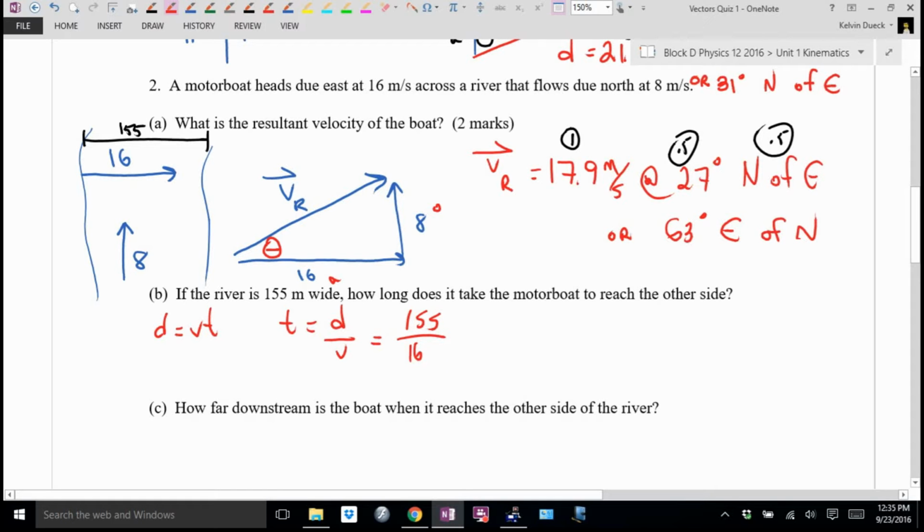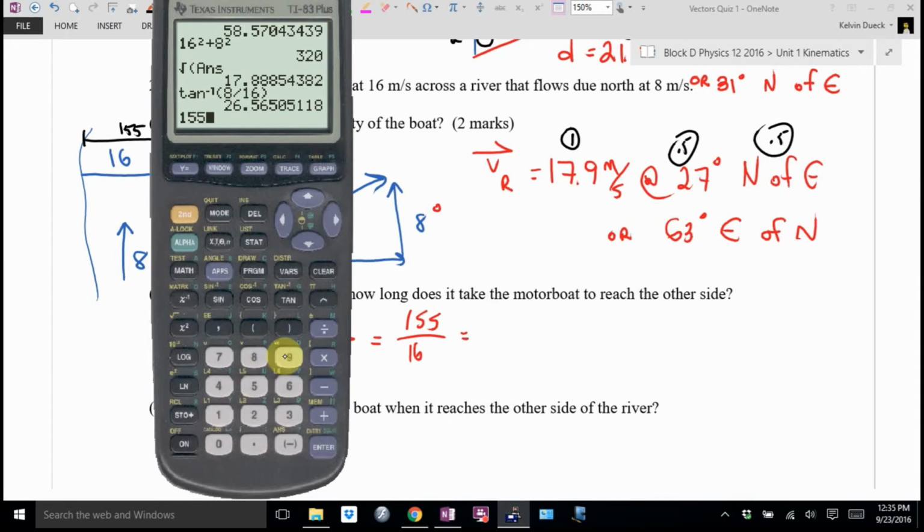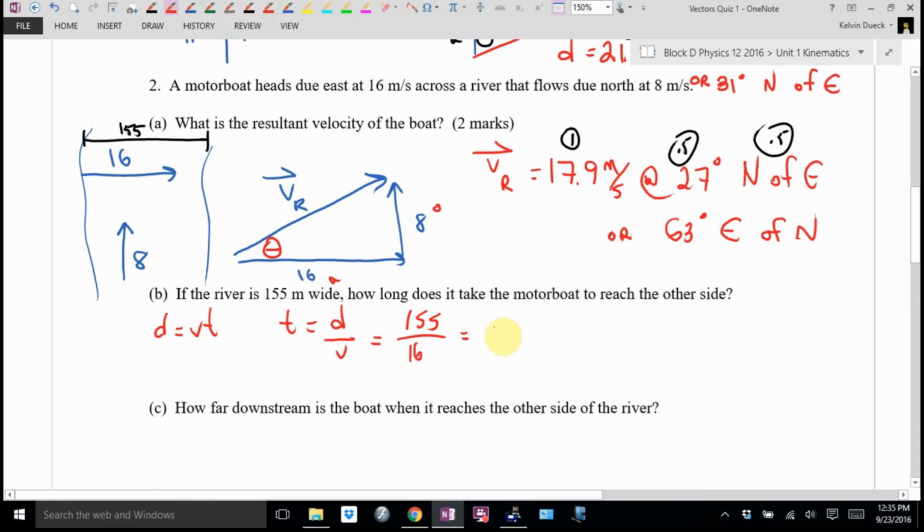Not divided by 8, not divided by 17.9, divided by 16. 9.69 seconds if I go to 3 sig figs. 1 mark, because apparently that's what I made that worth.